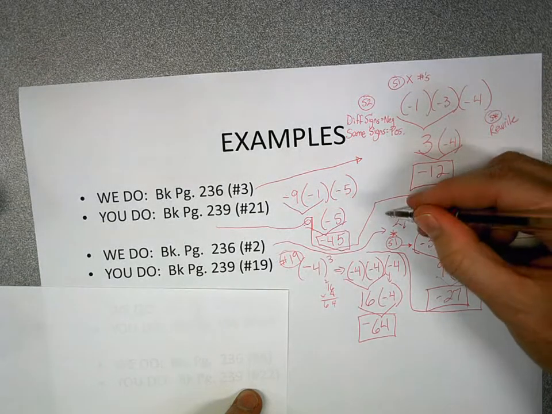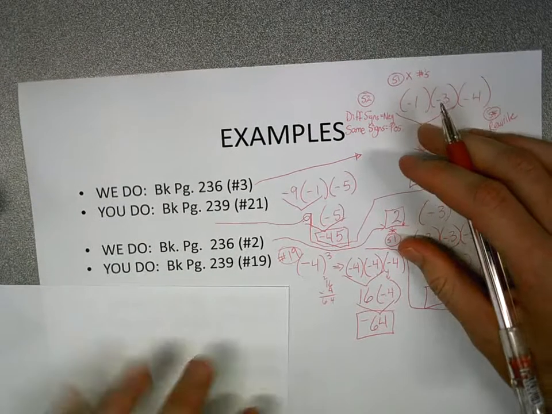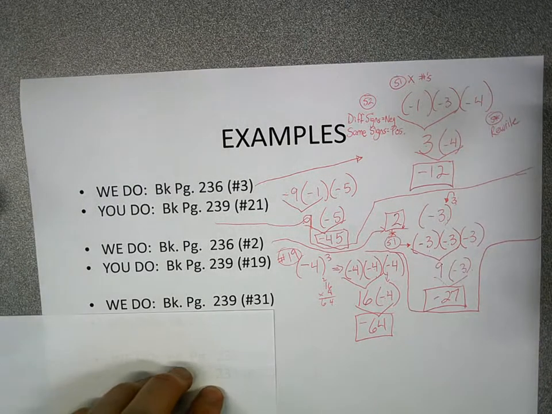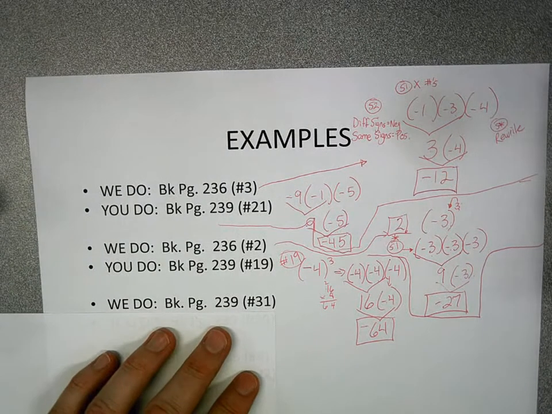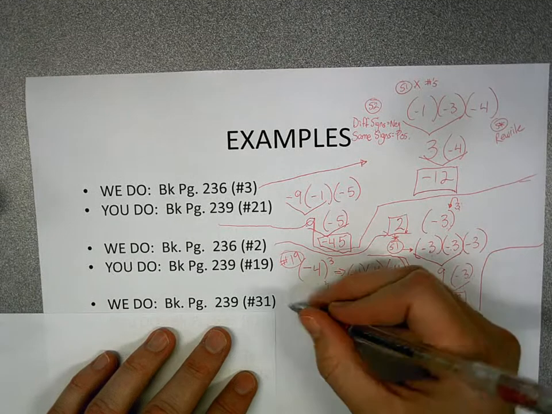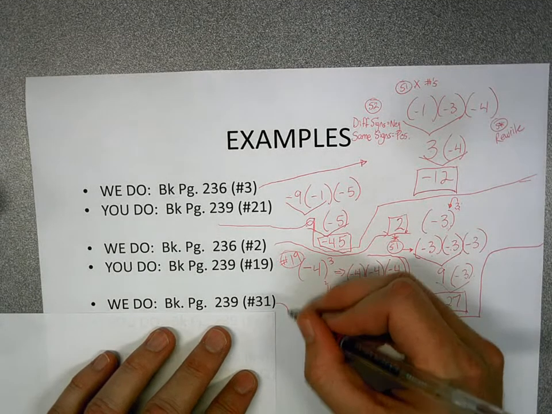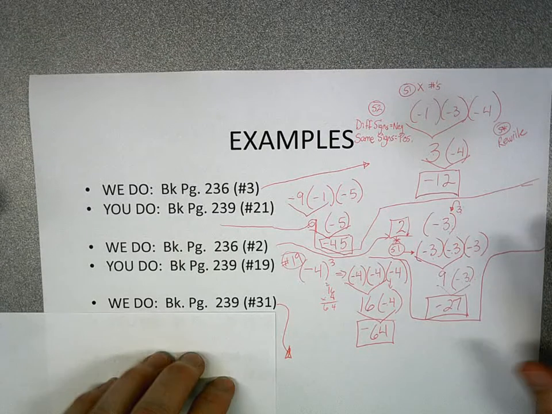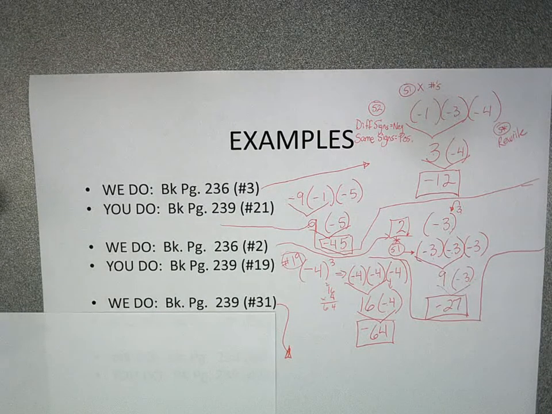Okay, so here is the next type of problem I want to do. Staying on page 239, I want to try out problem 31. All right, so on page 239, 31, it's one we did last week, during a couple different assignments.